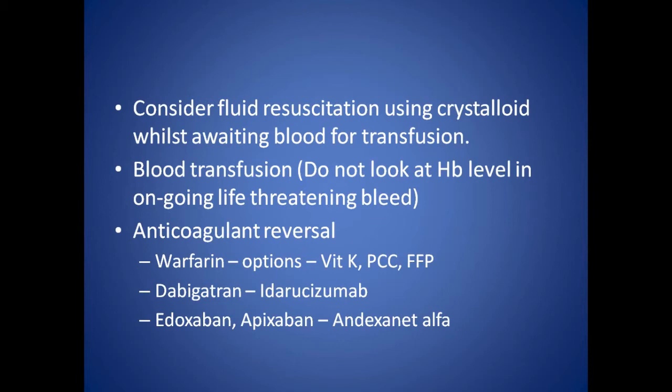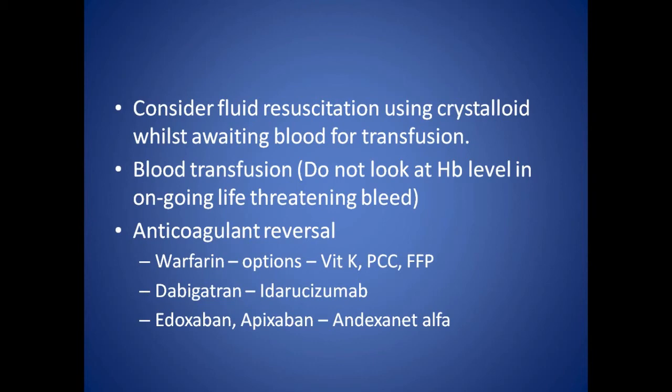Then we have the newer oral anticoagulant drugs, or the direct acting oral anticoagulant drugs, NOAC or DOAC. So you have examples like dabigatran. Now, in terms of the newer ones, there's only one FDA-approved antidote, that is for dabigatran. It's very difficult to pronounce.